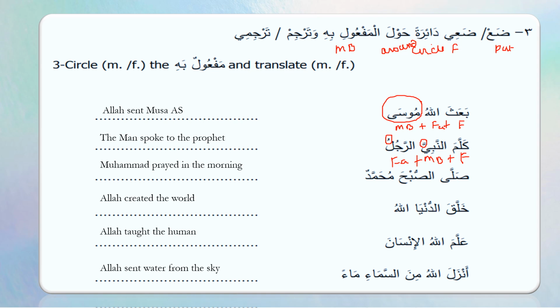Salla as-subha Muhammadun. It's the same. This is the fi'l, and as-subha with the fatha is the maf'ulun bihi, and then we have our fa'il because we have a dhamma. And now salla means to pray. Who prayed in the morning? Muhammadun prayed in the morning.